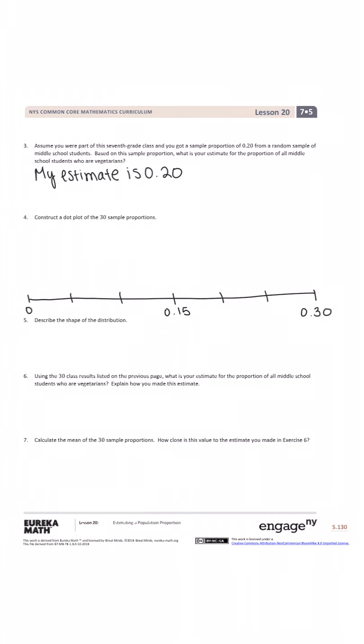And this is going to be our proportion of vegetarians. Now, based on the sample proportions from example 1, we are going to dot plot them here. If you don't want to flip back and forth, that's fine. You can just follow my example of how many dots I am putting on this dot plot.